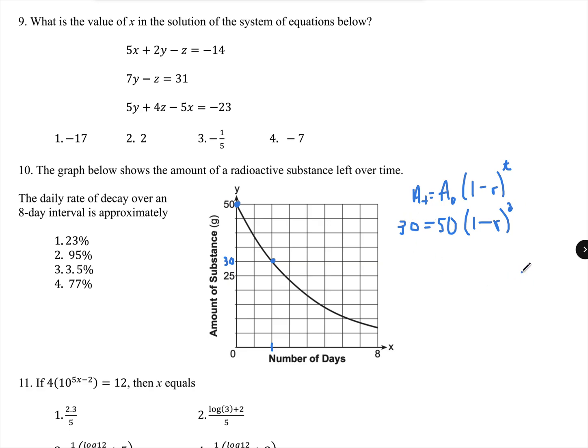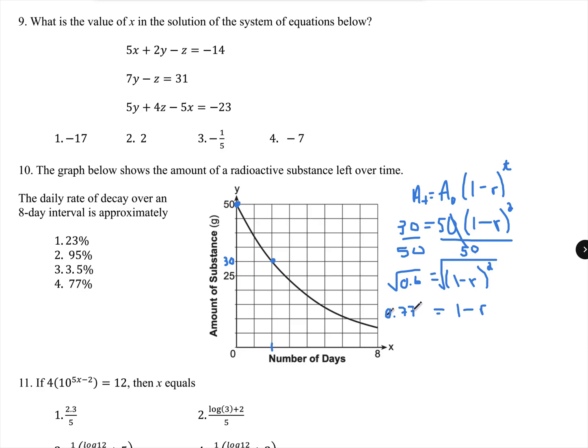From here it just becomes an equation I have to solve. I start by dividing 50 on both sides. That leaves me with 0.6 equals 1 minus r to the power of 2. In order to get rid of this power of 2, I have to square root both sides. That gets rid of this, so I'm left with 1 minus r equals, I think it's going to say like 0.77.